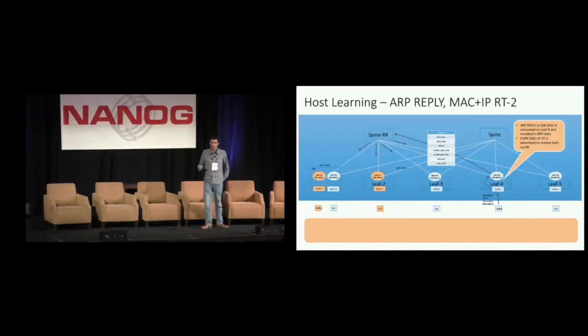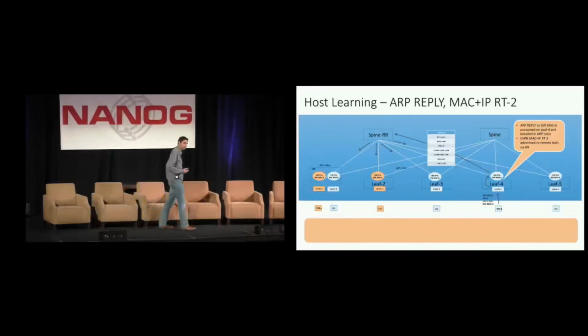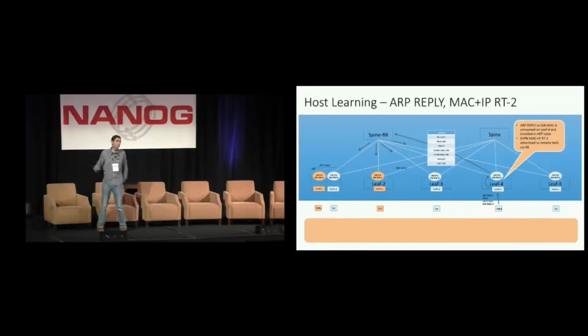Based on this route, all the remote leaves that are part of the layer 2 VPN overlay, or rather the EVPN overlay, will install VMB's MAC entry in their MAC VRF. And all the leaves that are part of the layer 3 VPN overlay will install the IP entry for VMB in their IPVRF, pointing to leaf 4 as the next hop PE router.